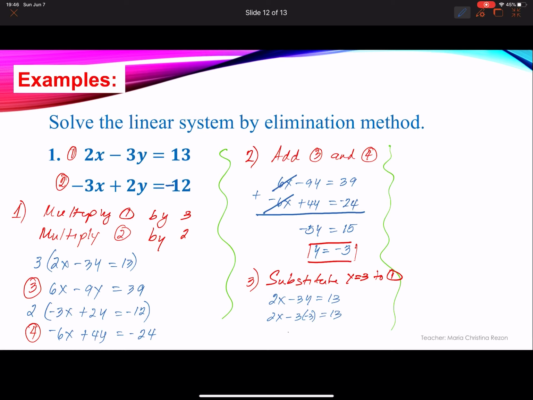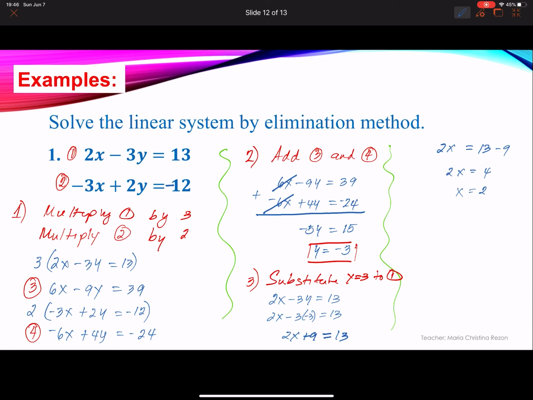That is 2x plus 9 is equal to 13. So continue that. You will have 2x is equal to 13 minus 9. 2x is equal to 4. So x is equal to 2.